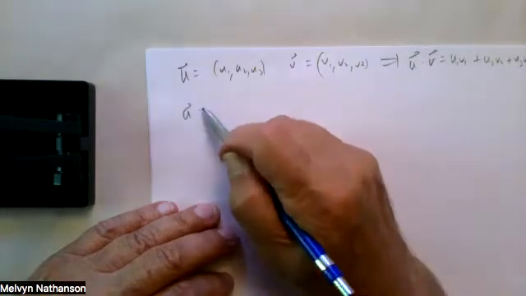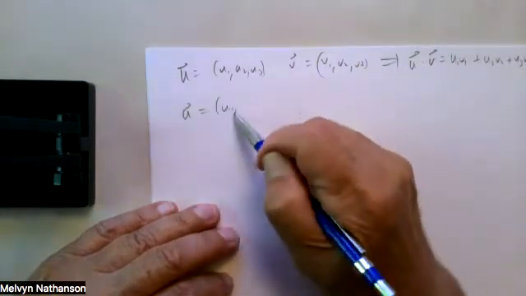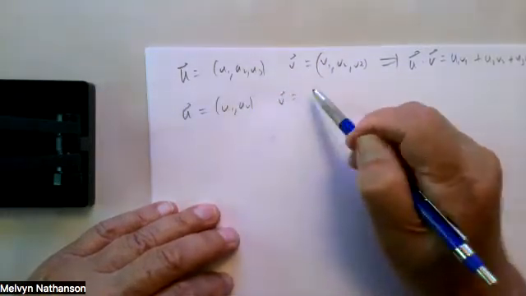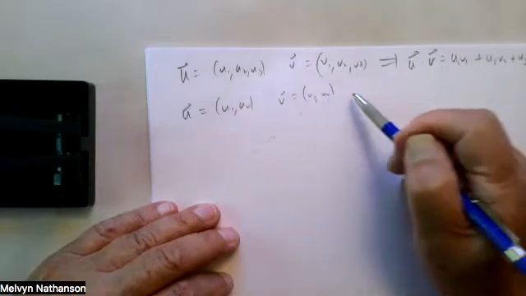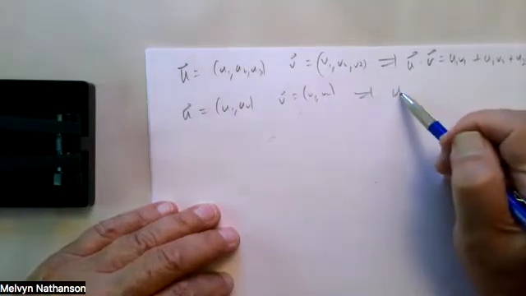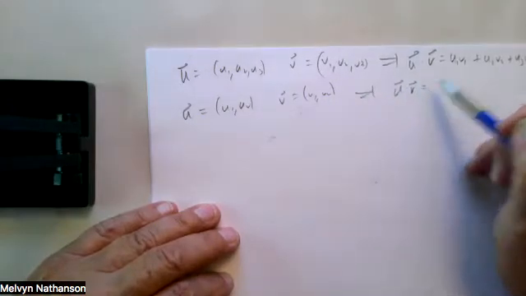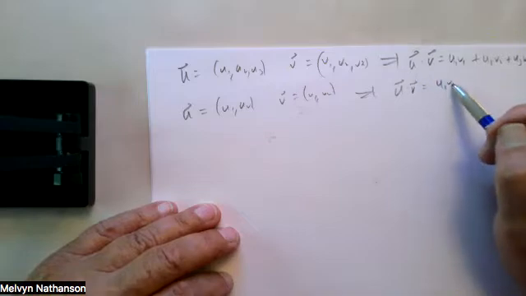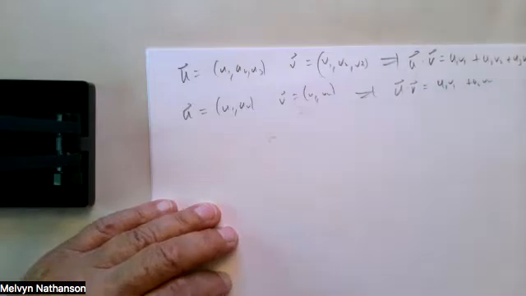And if you were just in the plane in 2 dimensions, if u is (u1, u2) and v is (v1, v2), again, you only have 2 pairs of coordinates, so the dot product is u1v1 + u2v2.